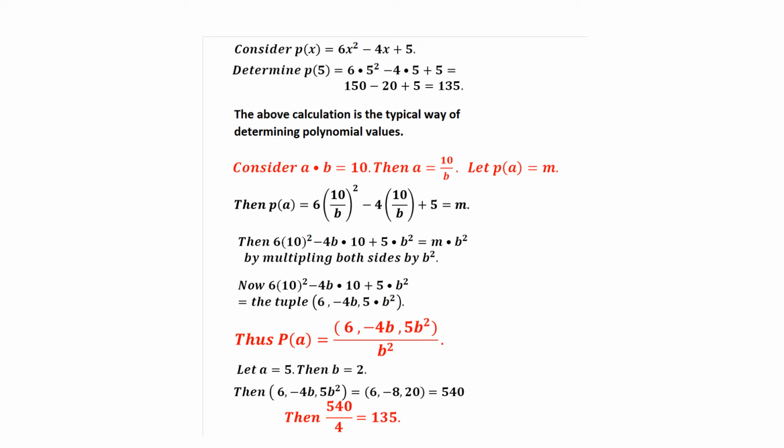Now, for our case, we had a is equal to 5, and so b is equal to 2. And then we will calculate p of a by plugging in 2 for b. If you plug in 2, you get 540, and then you divide it by b squared, 4, you will get 135.